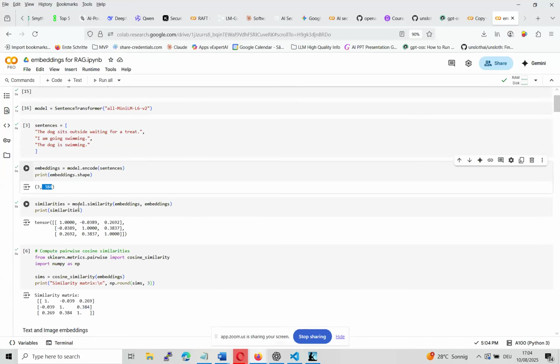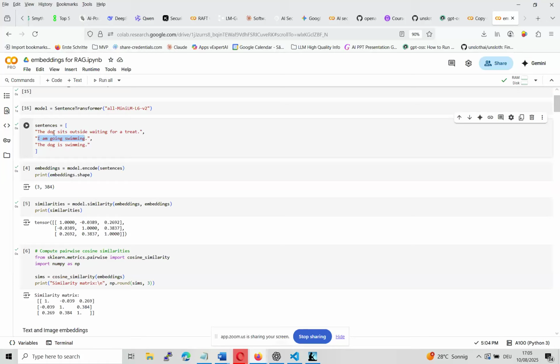So if you print similarities between these three sentences, how can we read it? The first sentence has a match of 100% with itself, obviously. The first sentence, the dog sits outside waiting for a treat, has a similarity of minus 0.003 with I'm going swimming, which makes sense because these two things are very different.